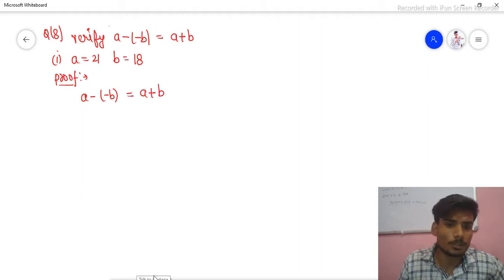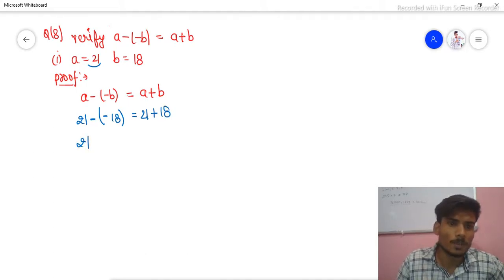So put the value of a, that is 21. So 21, this minus and bracket this minus, put the value of b, that is 18, equals 21 plus 18.